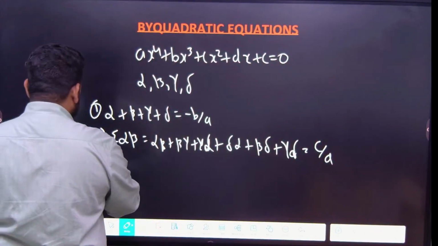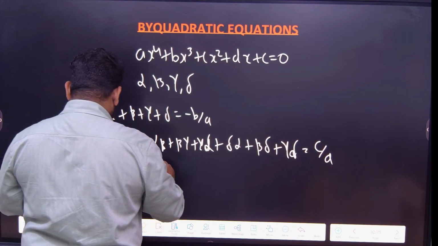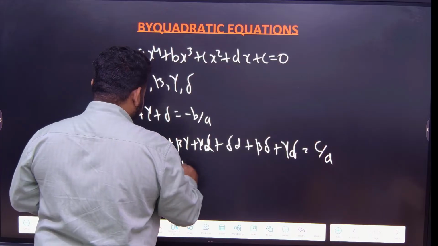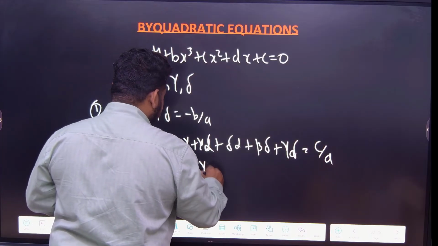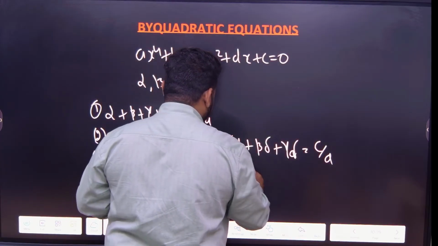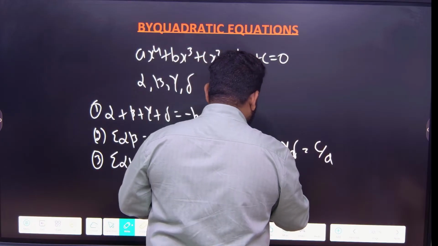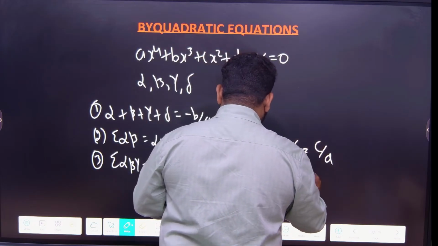Okay. Next, summation of alpha beta gamma. Summation of alpha beta gamma will be alpha beta gamma, beta gamma delta, gamma delta alpha plus alpha beta delta. This is equal to minus d by a.